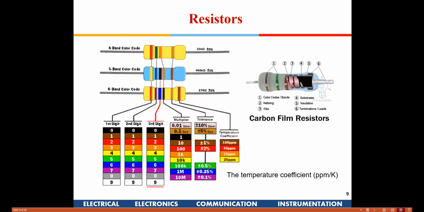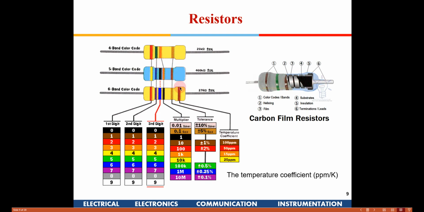The thickness of that strip, the length of that strip, and the composition, all these things define the total net resistance. So if you want a low resistance, you will use a thicker film. If you want a very high resistance, you will use a very thin film, a small coil with a large number of turns. That is how you realize it.